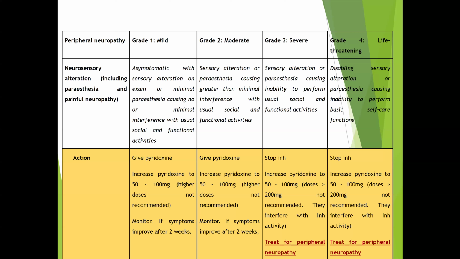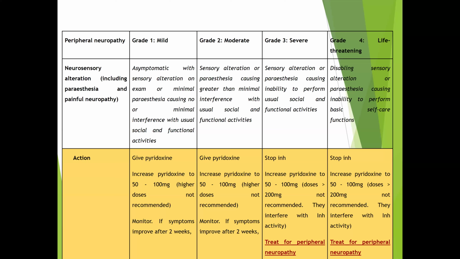If you have moderate, that is where they have greater than minimal interference with their social and functional activity. You increase the pyridoxine from 50 to 100 and you monitor. But if you have a severe form, where the paresthesia is causing inability to perform usual social and functional activities, we stop the isoniazid, we still increase the pyridoxine, and then we treat the neuropathy.